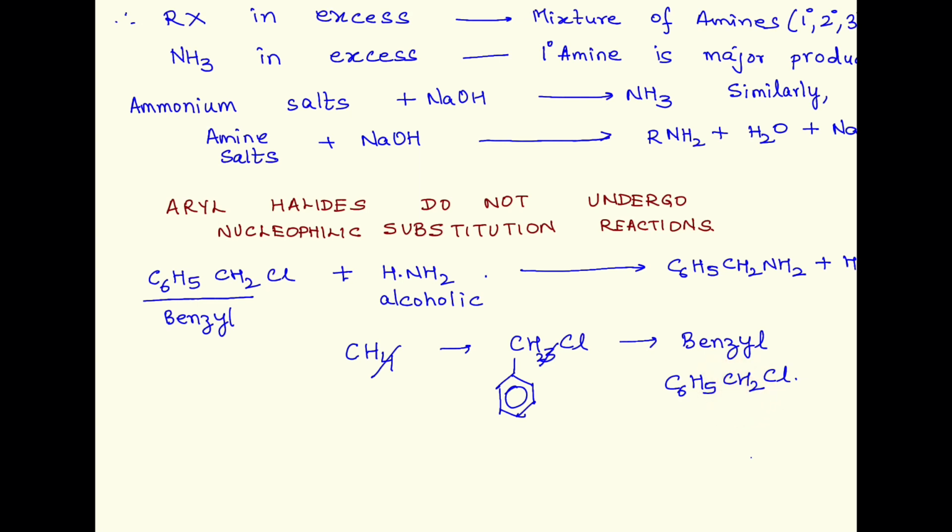What carbon is this? Is it sp2 hybridized or sp3 hybridized carbon? This carbon is bonded to 2, 3 and 4, so that means it is sp3 hybridized. There is no double bond over here. Because it is sp3 hybridized, this chlorine will be able to move out and be replaced by a nucleophile.